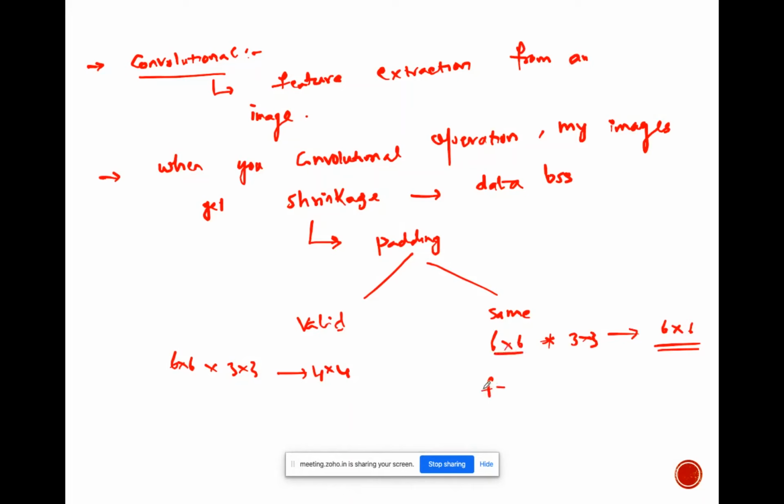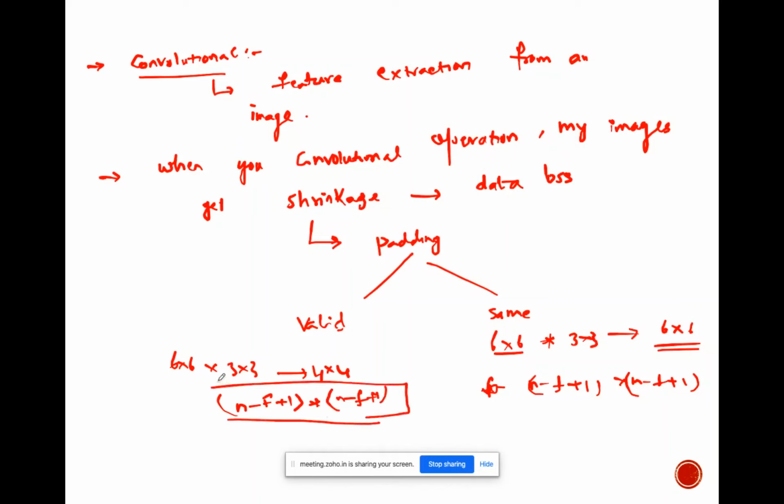This is n minus f plus 1. These are the two things that happen in padding.